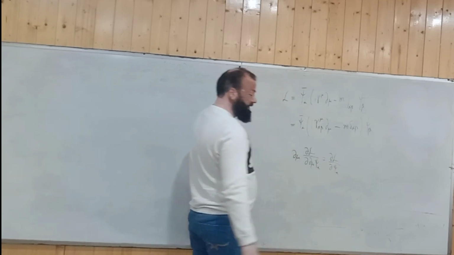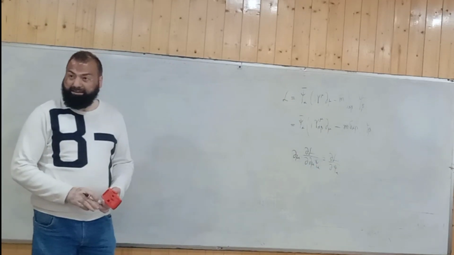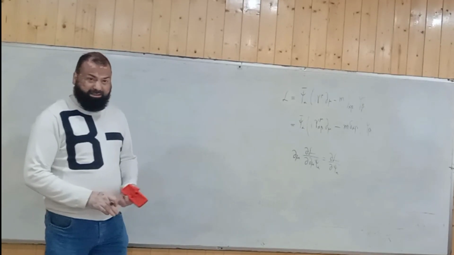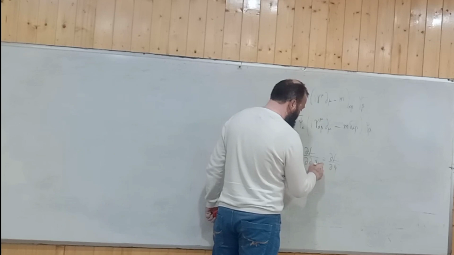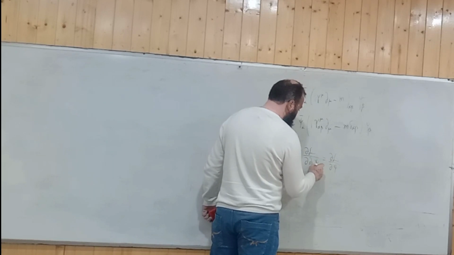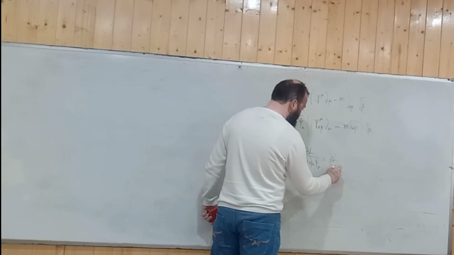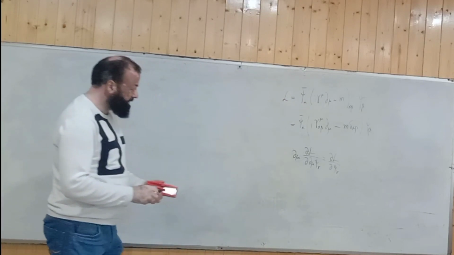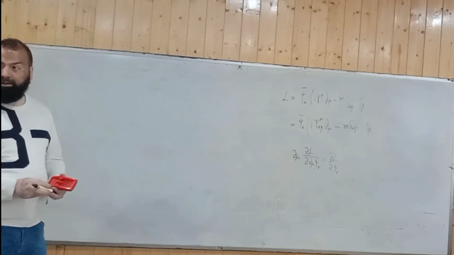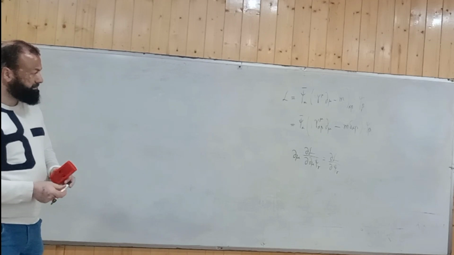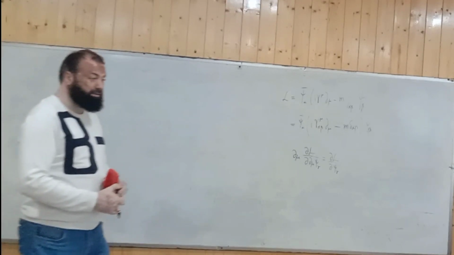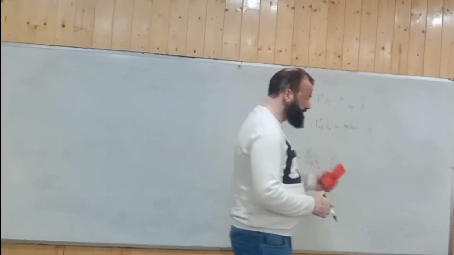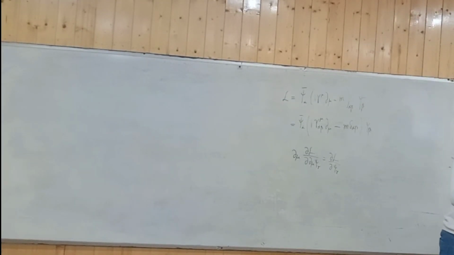Alpha means the spinor index, or you can put some other index, alpha, beta, gamma. So can anybody calculate this? Just tell me.